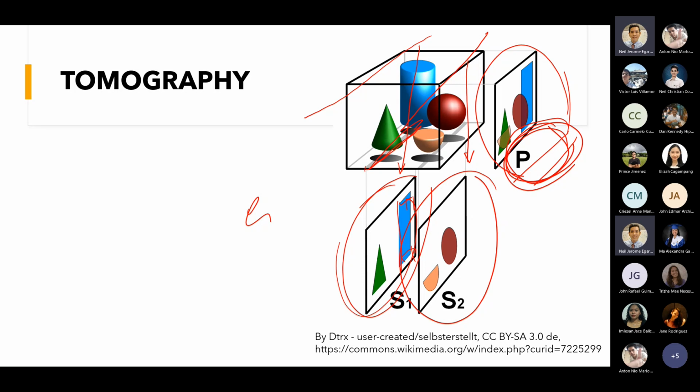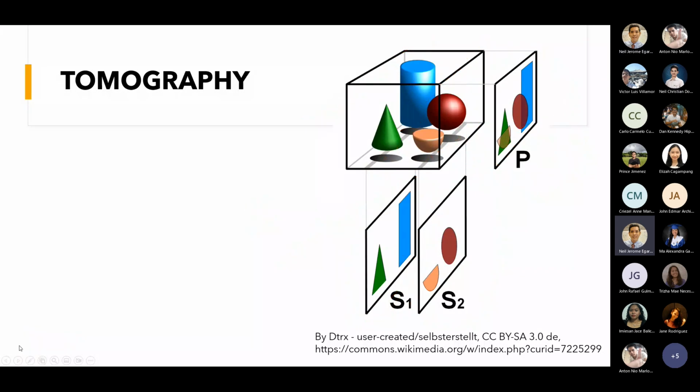So kung gusto mo makuha ng tomographic slice, dapat i-cut mo siya horizontally. So meron kang slicer dito. Tapos i-cut mo siya horizontally, alright? So ibig sabihin kung gusto ko 'tong maging tomographic slice, dapat siya ay nakahiga, right?